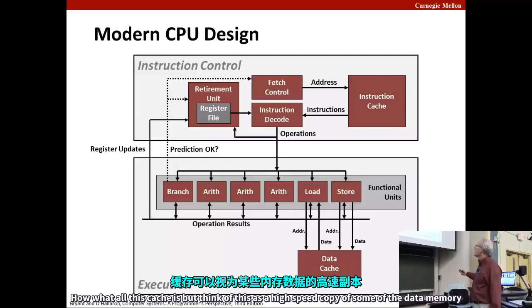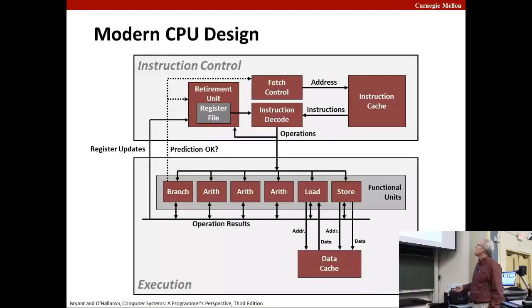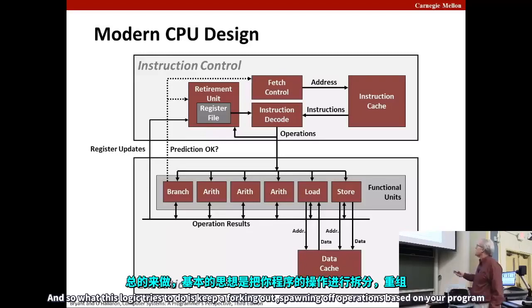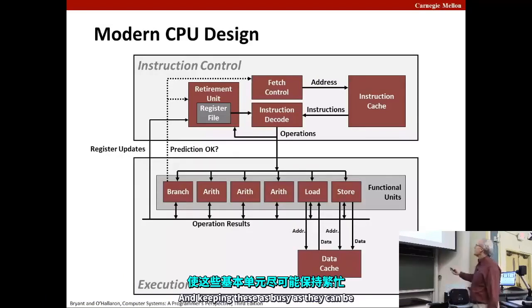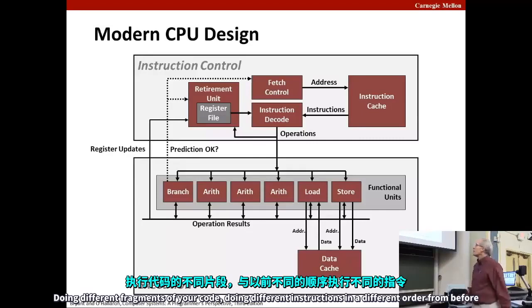But think of this as a high-speed copy of some of the data memory. And so what this logic tries to do is keep forking out, spawning off operations based on your program, and keeping these as busy as they can be, doing different fragments of your code, doing different instructions in a different order from before.